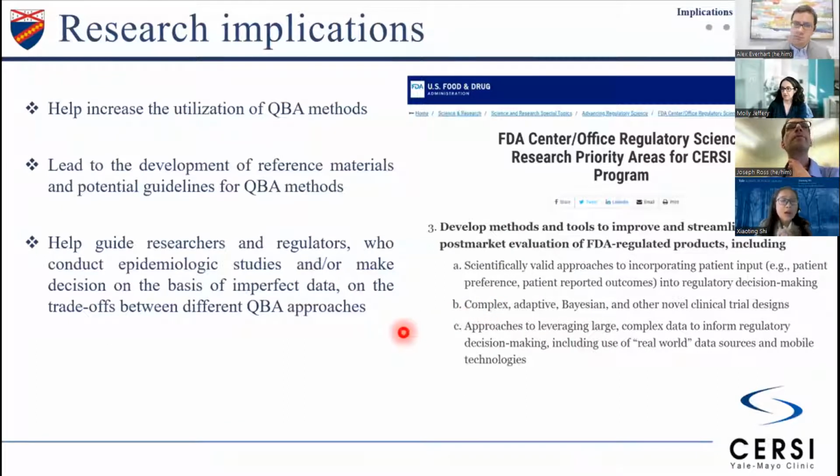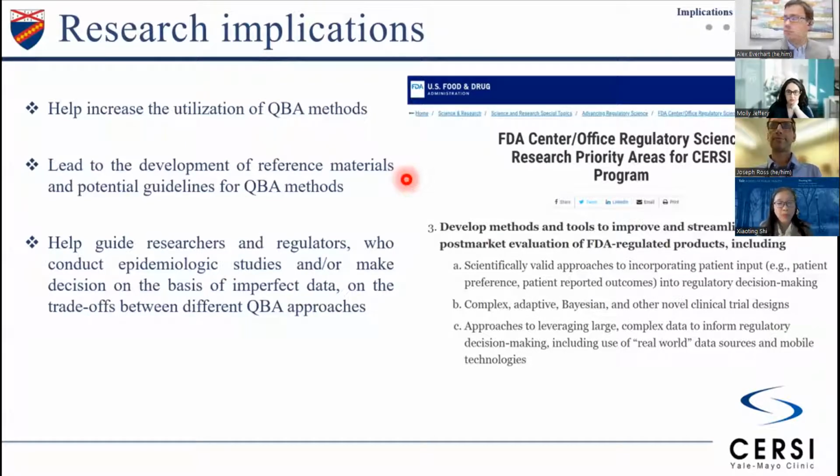Given our study is still ongoing, I can talk a little bit about the potential implications of our study. The comprehensive summary of all the QBA methods across the literature and the decision tree we develop, hopefully, can help increase the utilization of QBA methods, and can also lead to the development of reference materials and potential guidelines for QBA methods.